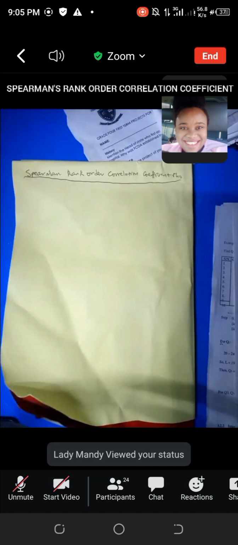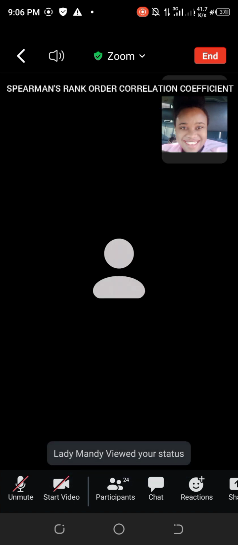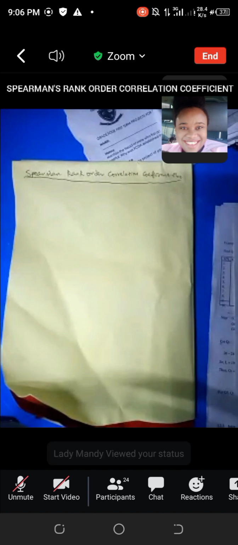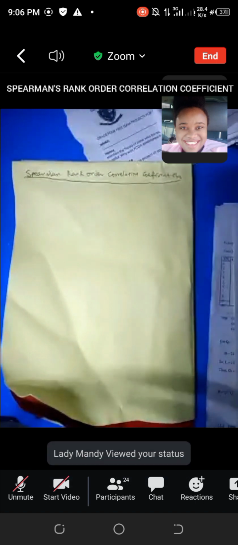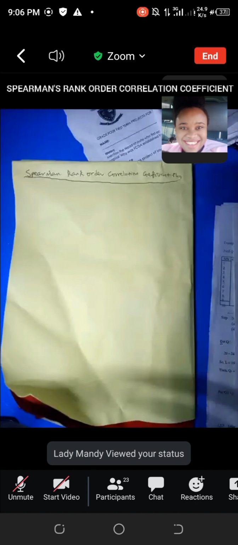But in this case now, you have two variables, and what you are looking at is the relationship through ranking. So for this Spearman's rank order, you rank the variables of the X and Y, then you find the difference between the ranks, then you find the square of the difference, and you now solve.